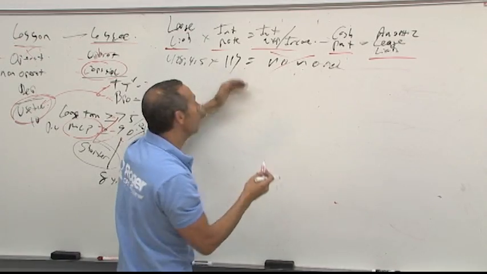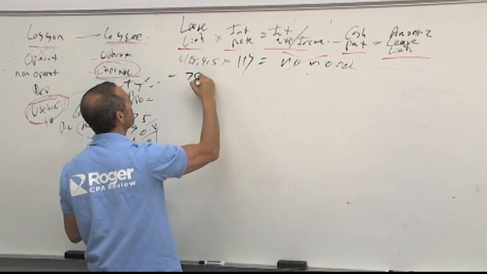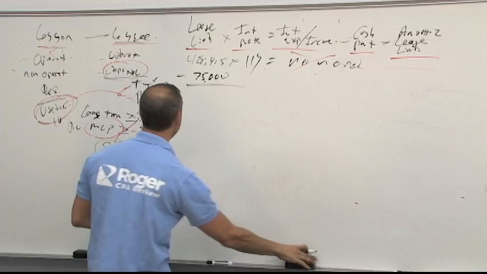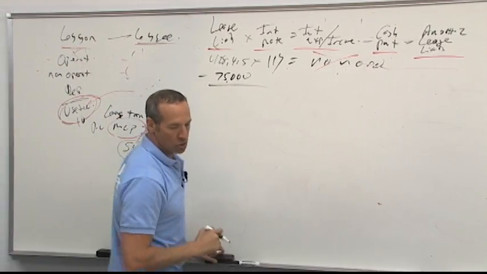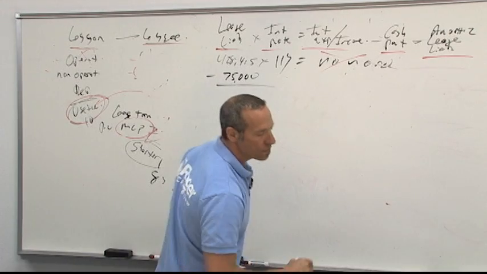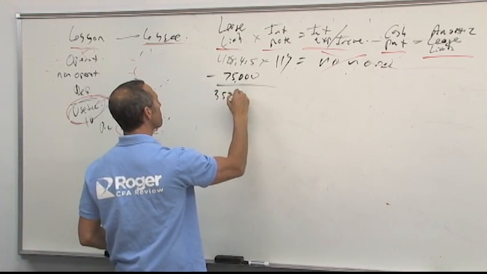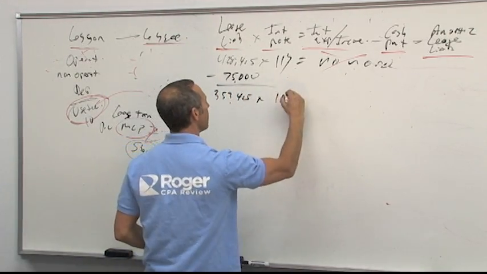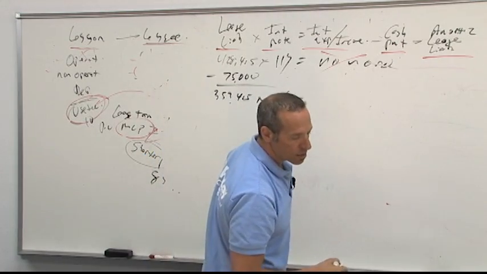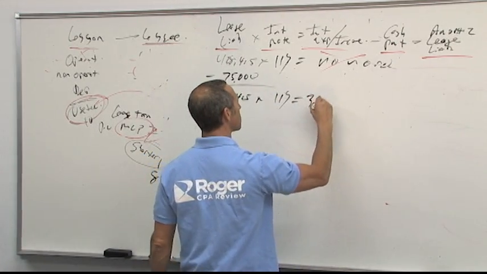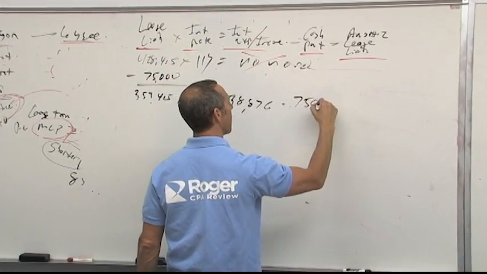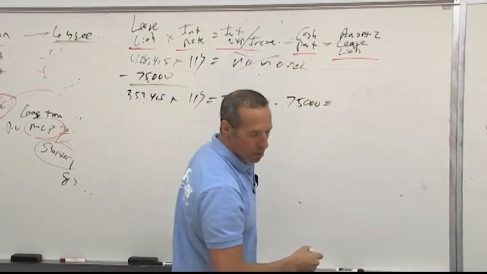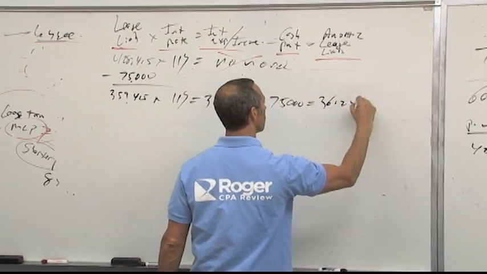You owe 11% on 428 minus 75 because that's your first payment. So minus the 75, now what we have to do is take that amount, which is 353,415, times the 11%. That gives us our 38,876. Minus the cash payment, which was given as $75,000, equals $36,124.